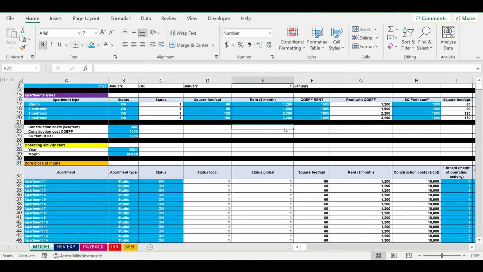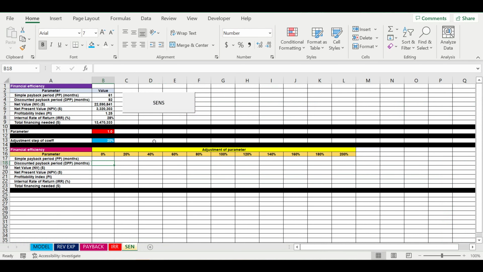Then we go back to the sensitivity analysis tab and push the sense button to see how an increase or decrease of rent prices for a 3-bedroom apartment will affect the financial efficiency tab. Let's do it.